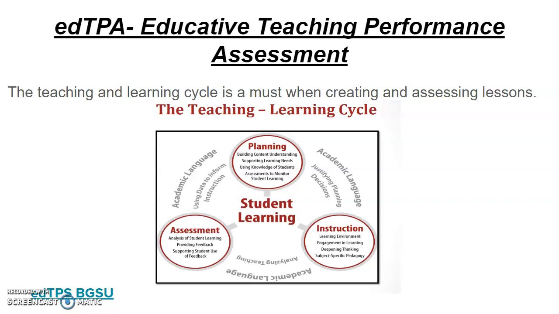Next bubble is assessment, analysis of student learning, providing feedback, and supporting student use of feedback. And then throughout, you are going to use good academic language. And when you're transitioning from planning to instruction, justifying planning decisions. When you're going from instruction to assessment, you're going to be analyzing your teaching. And when you're going from assessment to your future planning, you're going to use data to inform instruction.